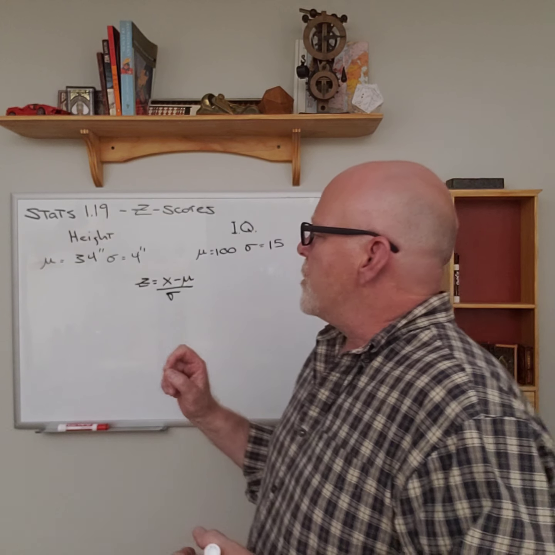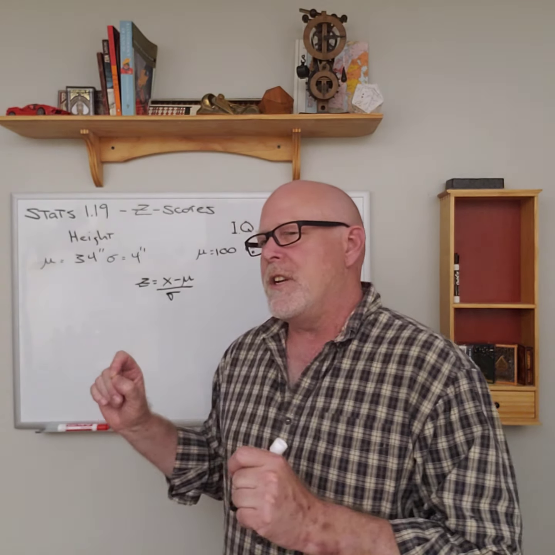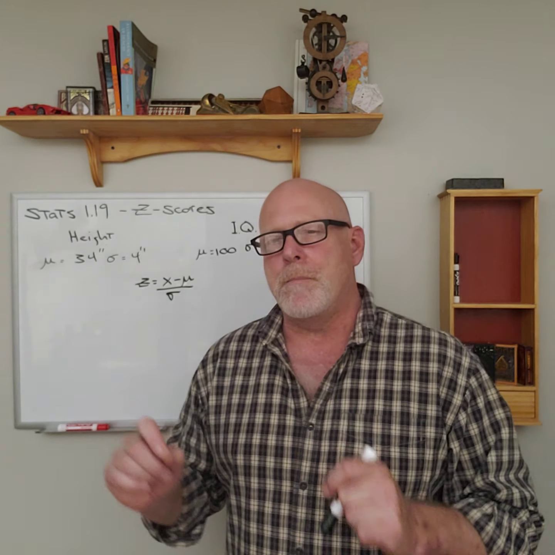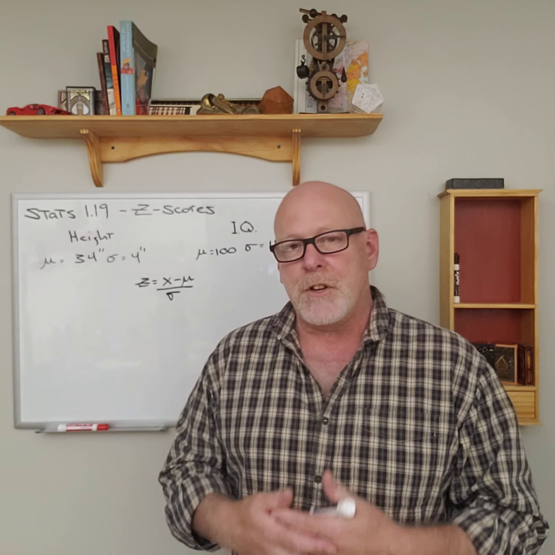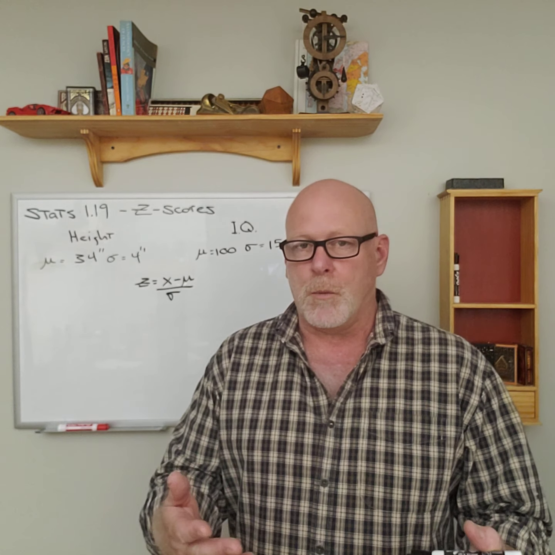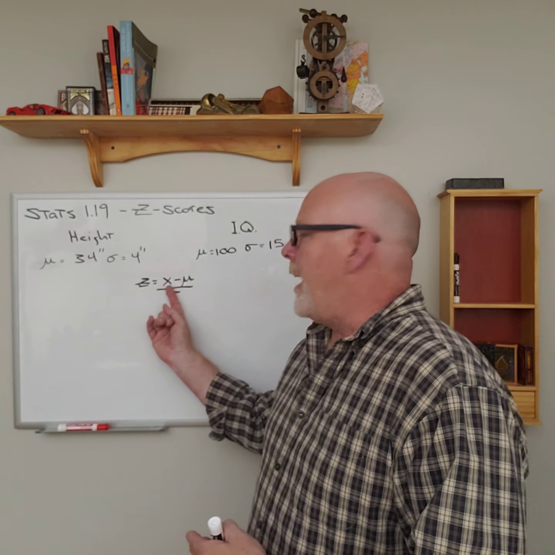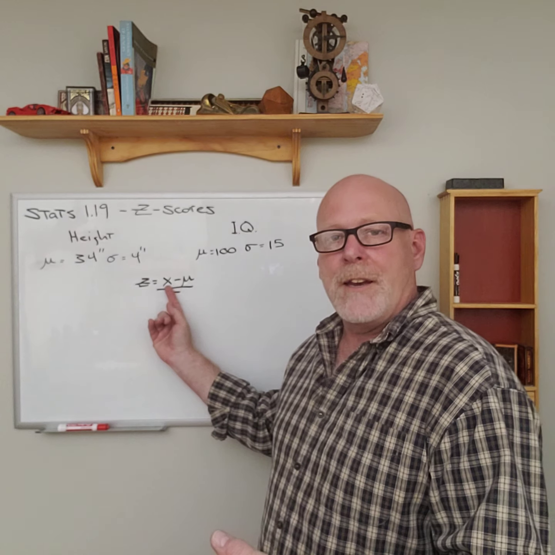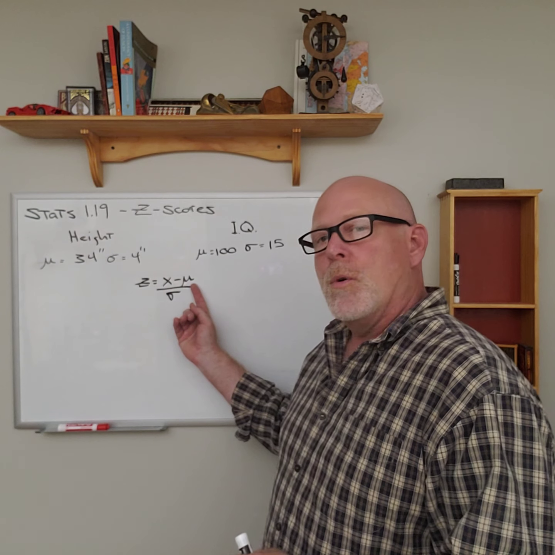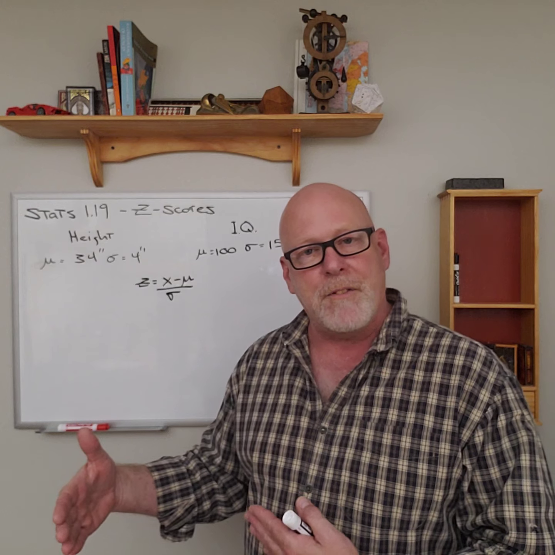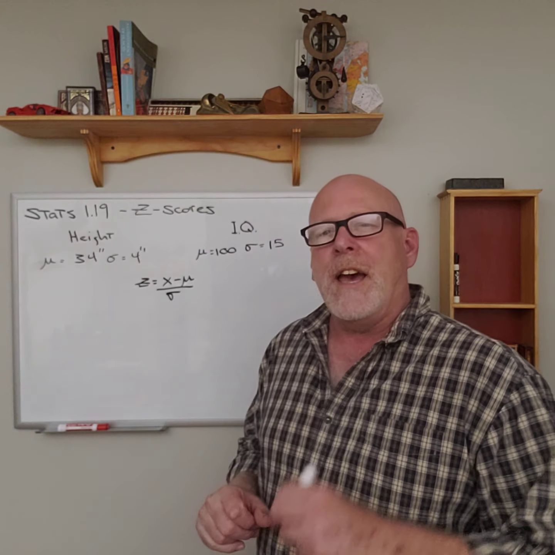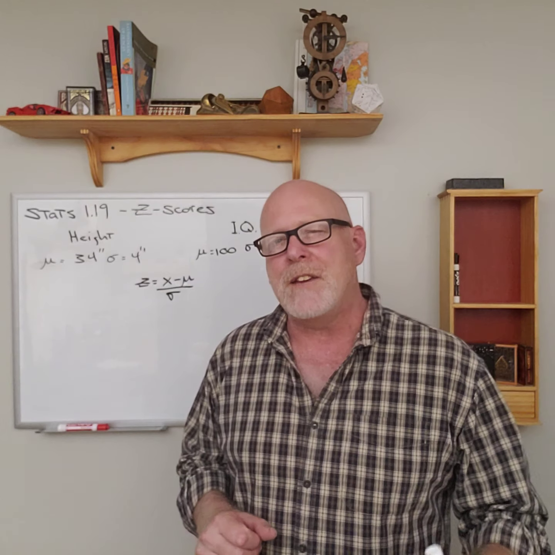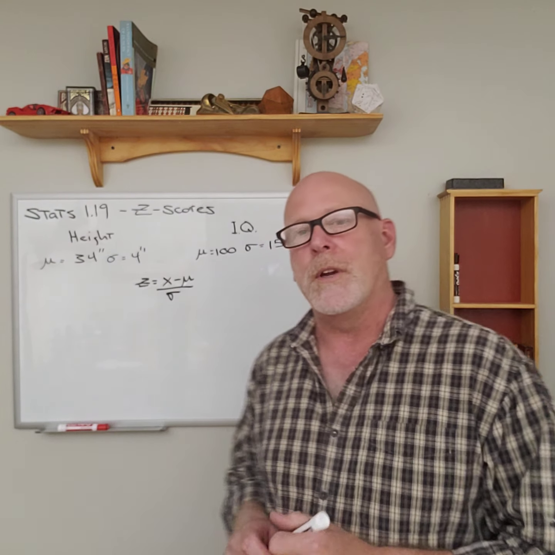The z-score is going to tell us how many standard deviations above or below the mean we are. And that's really easy to calculate. All we have to do is take our height, the thing that we're looking at, x, right? The thing we're looking at is always x, minus mu, tells us how far above average we are, and then we'll divide by the standard deviation, and that will tell us how many standard deviations above or below the mean we are.